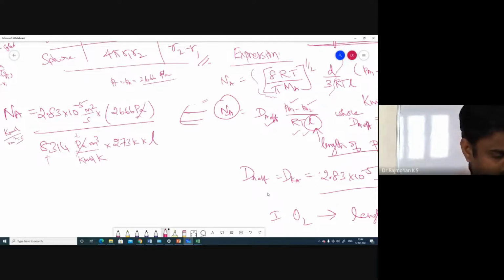Okay. So first we convert the Na value given. Na is given as how much? 0.093 cc, right? Centimeter cube per centimeter square. Okay. So usually this centimeter cube is given for 20 mm mercury and 273 Kelvin, right?